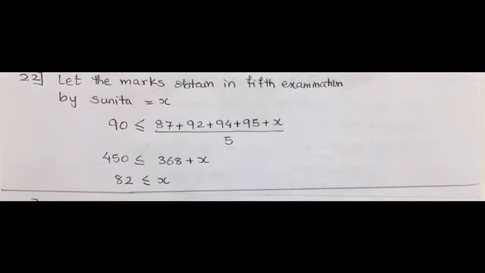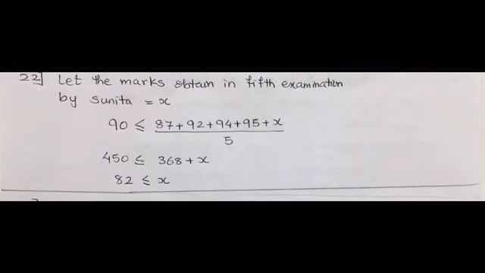22nd one, the example is: to receive grade A in a course one must obtain an average of 90 marks or more in 5 examinations, each of 100 marks.